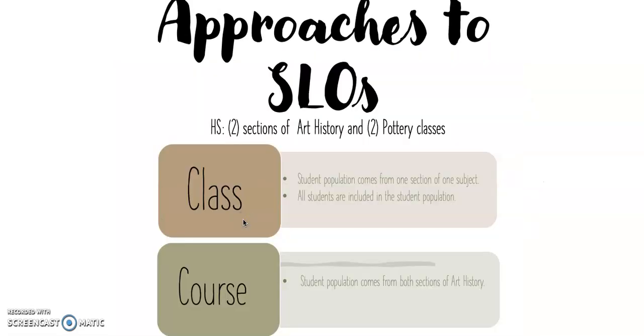There are two different approaches to SLOs. This one is probably going to be more straightforward because you're special ed teachers, but you can have class or course SLOs. A class is where you might teach 5 periods, and one of those periods you're going to actually monitor progress in. So maybe it's just your literacy class, your writing class if you teach elementary school.